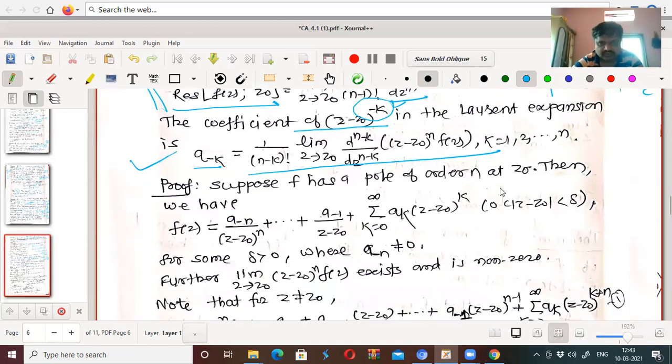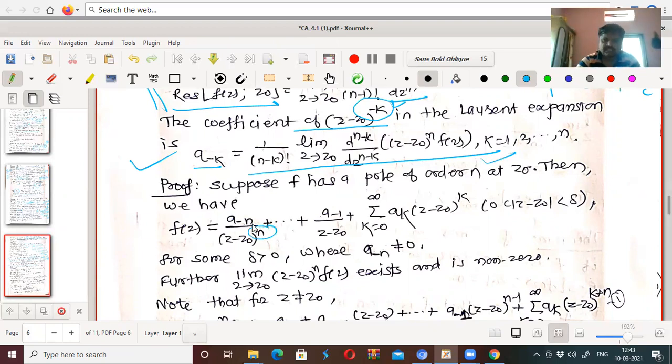Suppose f has a pole of order n at z0, then we know that f of z can be written as a minus n upon z minus z0 to the power n. That is, the principal part in the Laurent series expansion will be finite, and the highest power of 1 upon z minus z0 should be n because of the pole of order n.